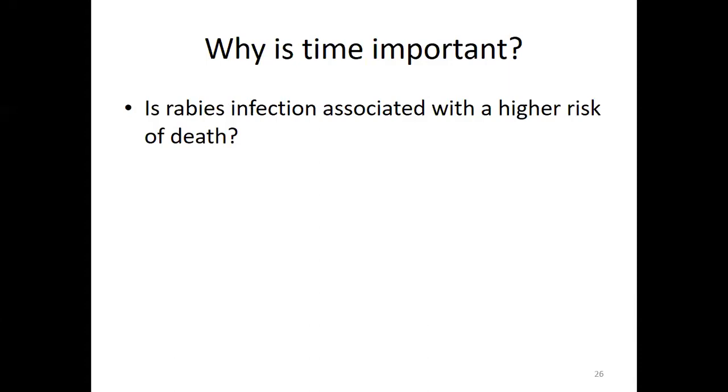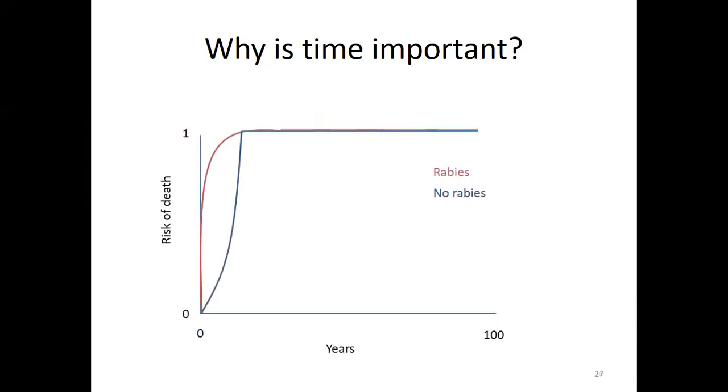And time frame is one that I think people are sometimes surprised about, that it has to be in there. This is sort of a silly example, but makes the point. So is being infected with rabies associated with a higher risk of death? It's a silly question. Yes, of course it is. Except, if we think about what's the time scale we're looking at, right?